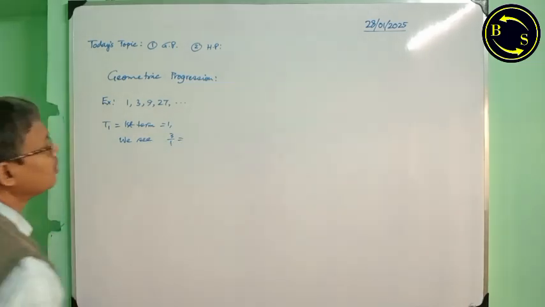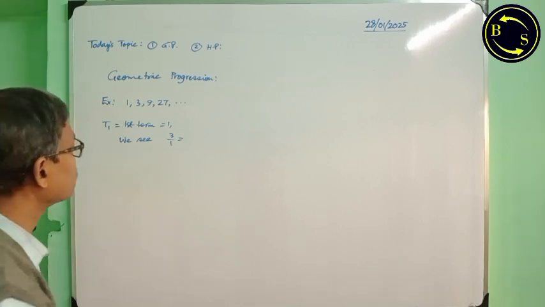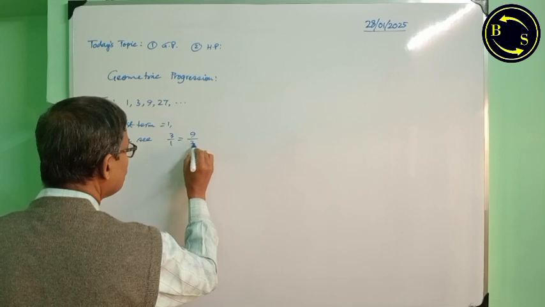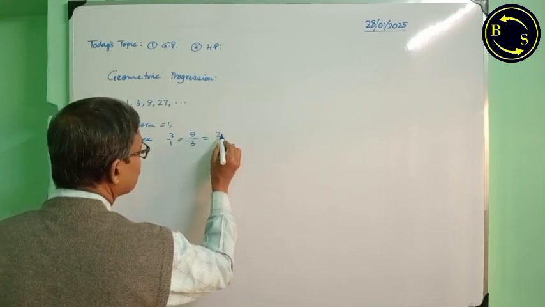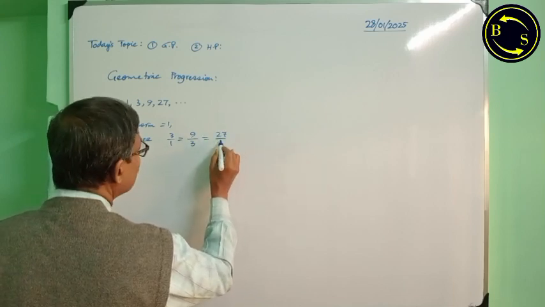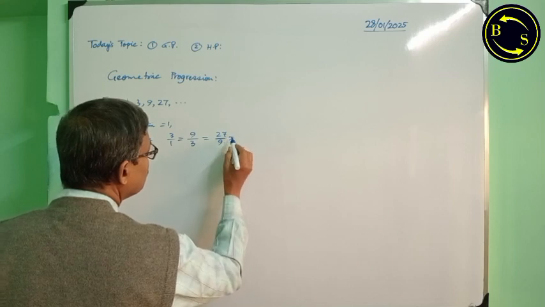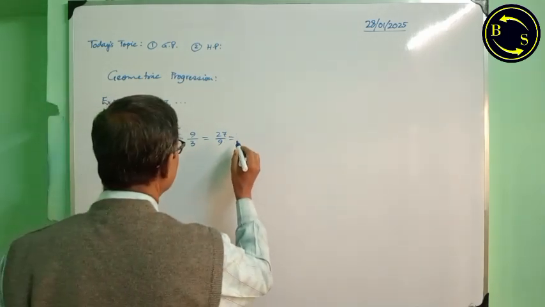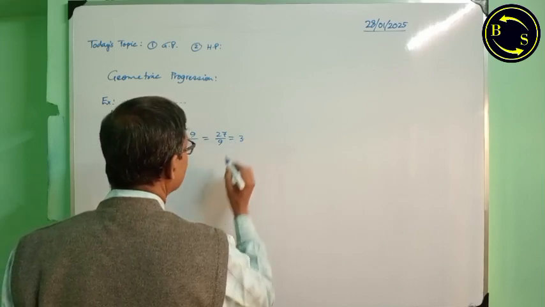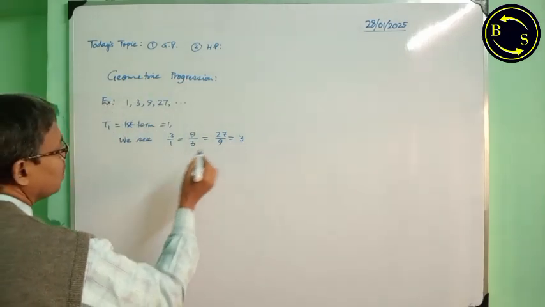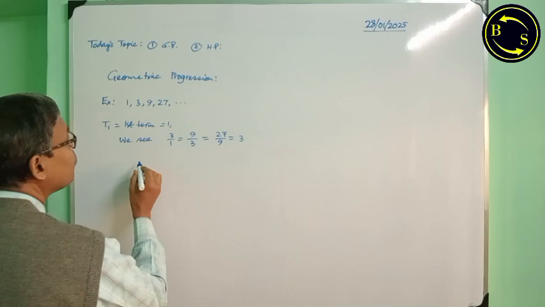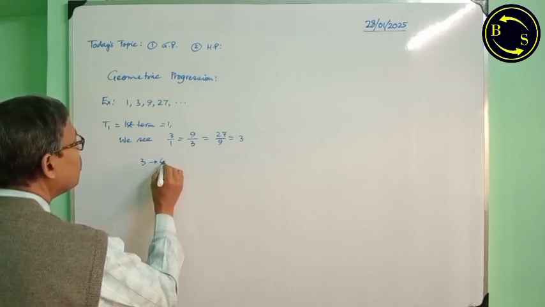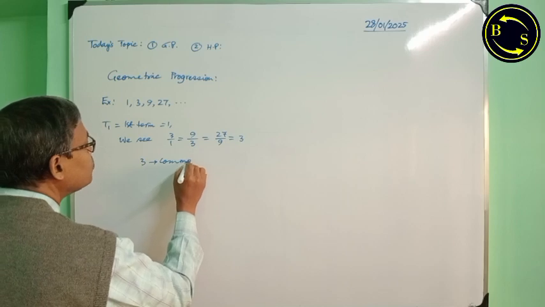If we take the ratio of second term to first term, or third term to second term, or fourth term to third term, we see that ratio is always constant. This constant ratio is called common ratio.